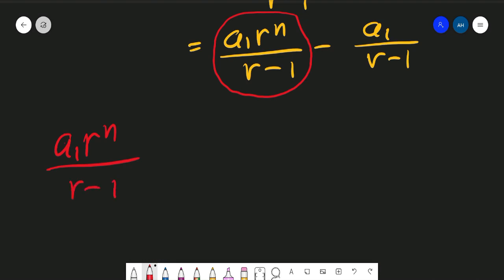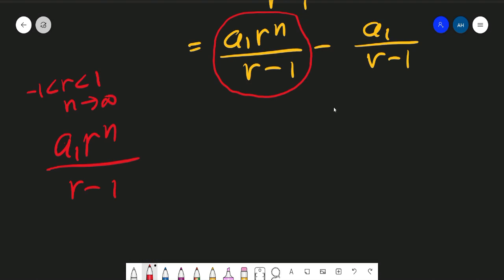I want to investigate what happens to this term when n approaches infinity and r is between -1 and 1. What happens to r to the power n?